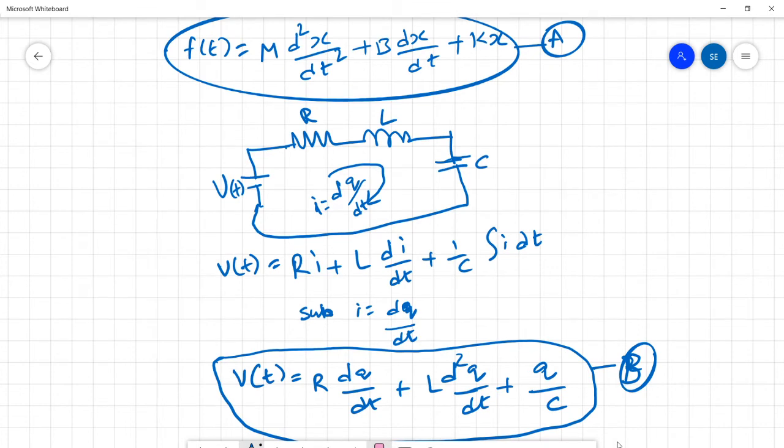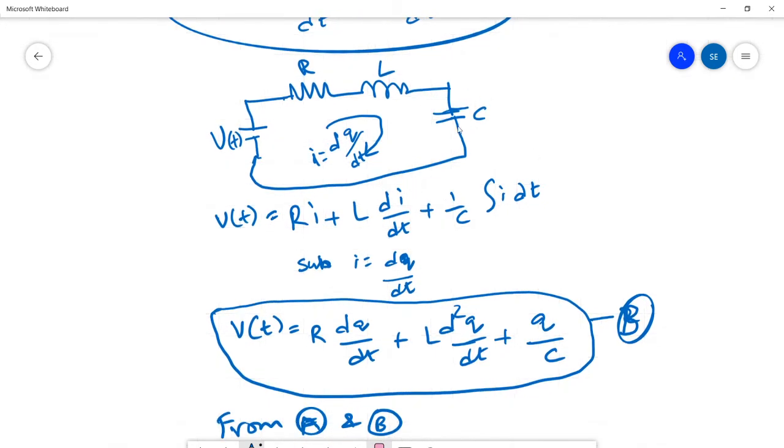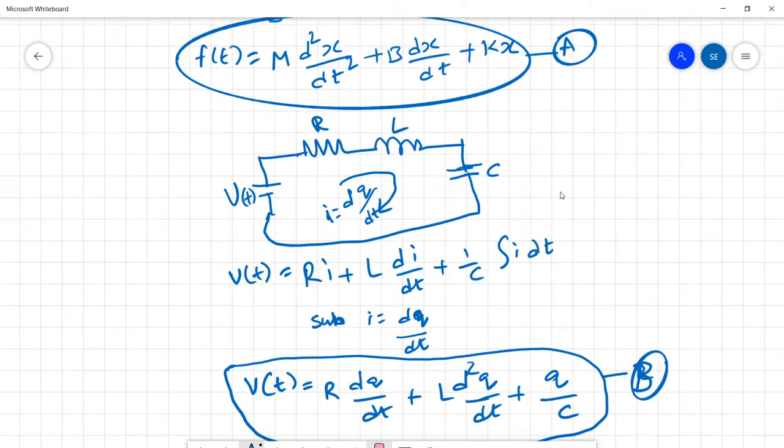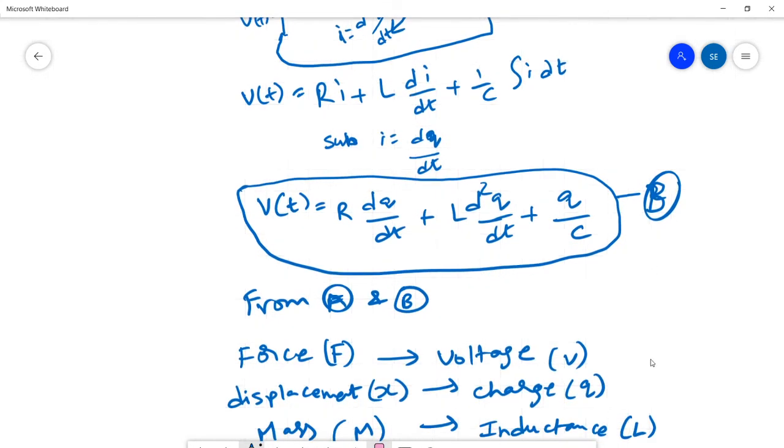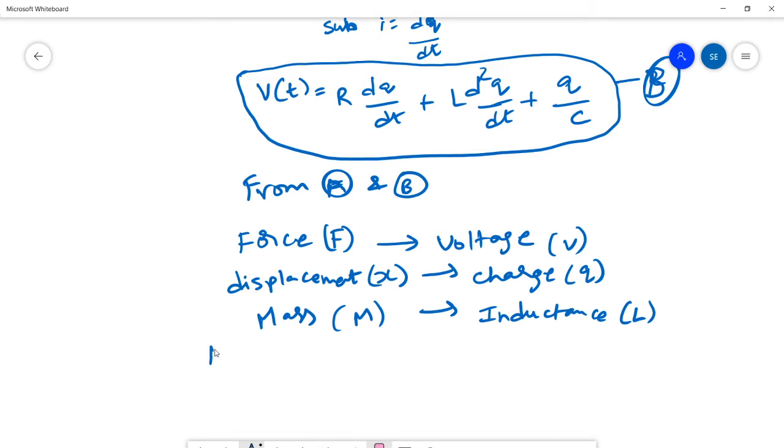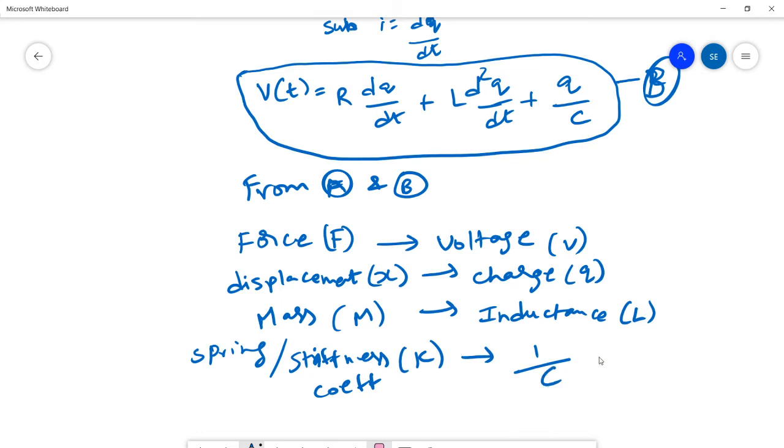K is analogous to, in terms of C, you can see here, element-wise we are comparing, it is Q by C, but the element is actually C, so K is the reciprocal of C. Stiffness constant K is the reciprocal of capacitance, 1 by C.